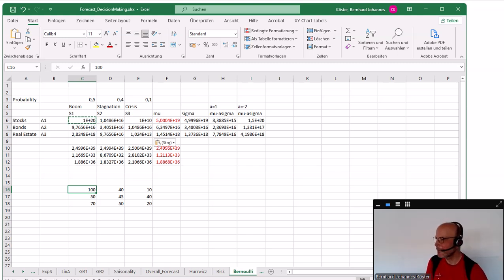So I thought if I dampen this 100 with a risk-averse utility function, then at one point alternative number 2 will be the best one.